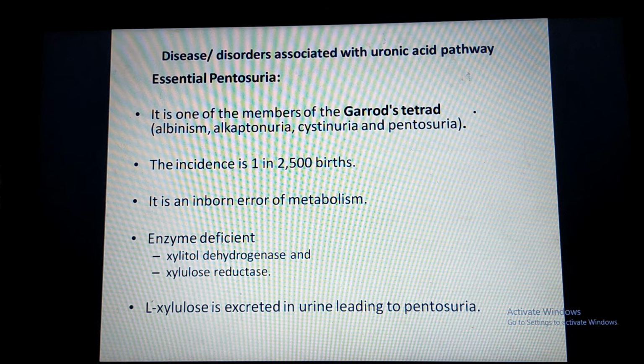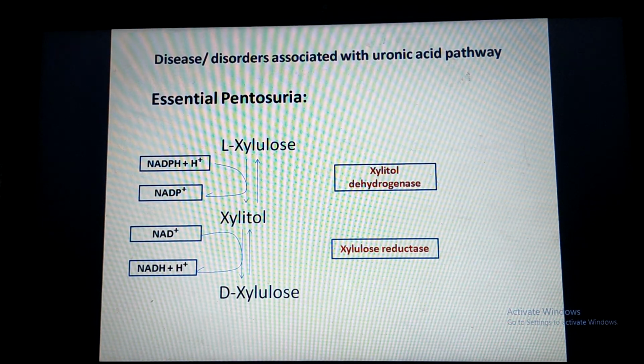The enzymes deficient in essential pentosuria are xylitol dehydrogenase and xylulose reductase. In this case, L-xylulose, which is a pentose sugar, is excreted into the urine, and hence it is called pentosuria. Now this is the reaction. Here L-xylulose is converted into xylitol and xylitol is converted into D-xylulose. So these two steps require two enzymes.